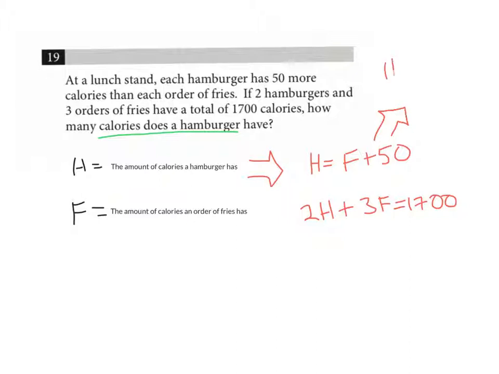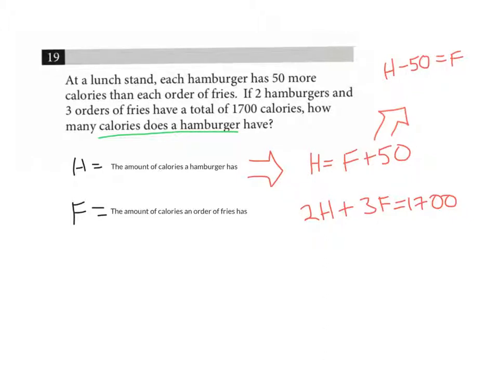So this becomes H minus 50 equals F, and then I could substitute H minus 50 in for this F. How did I turn this into that? I just solved for F. I subtracted the 50 from both sides, so F equals H minus 50.